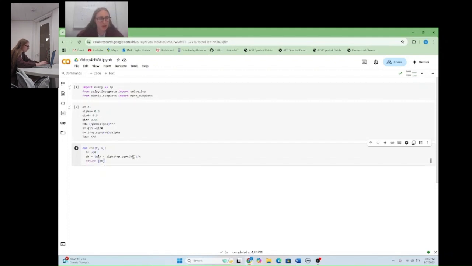One correction: this is going to be just h, because h naught is at steady state, and this isn't at steady state. This is the change in height, so it should change as well.